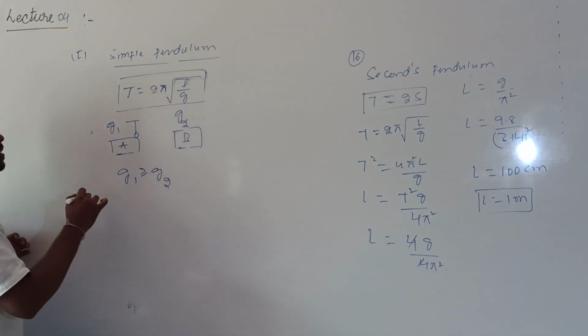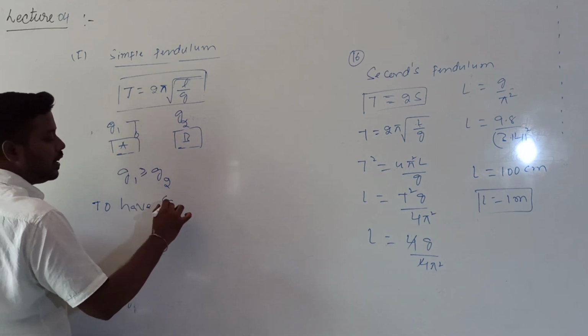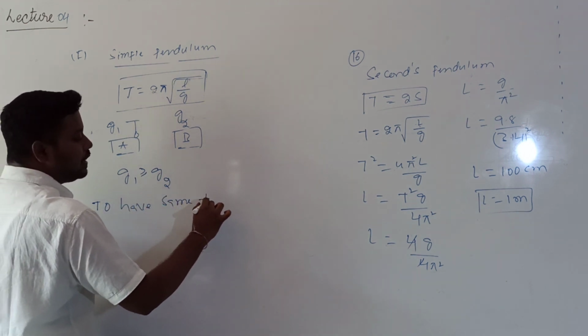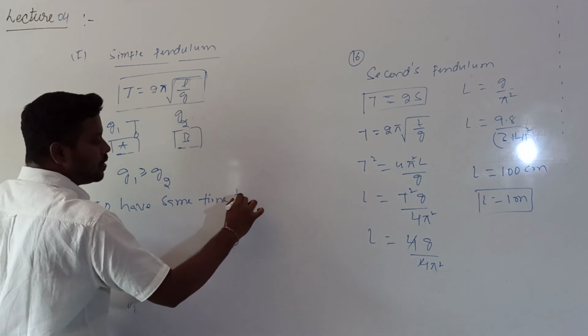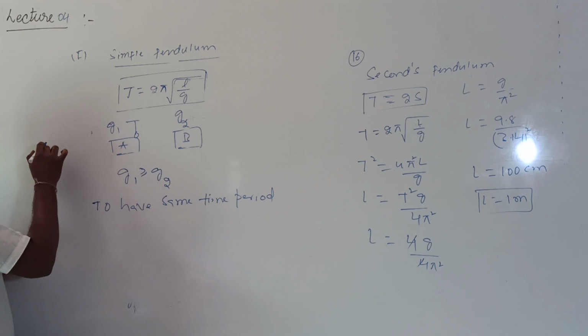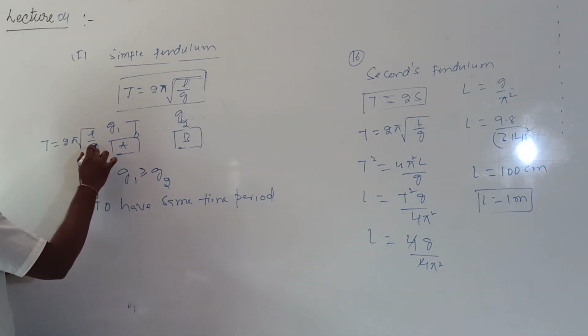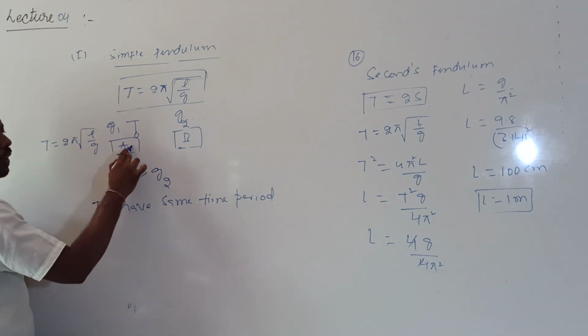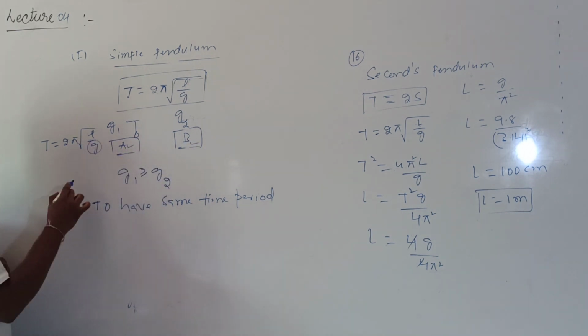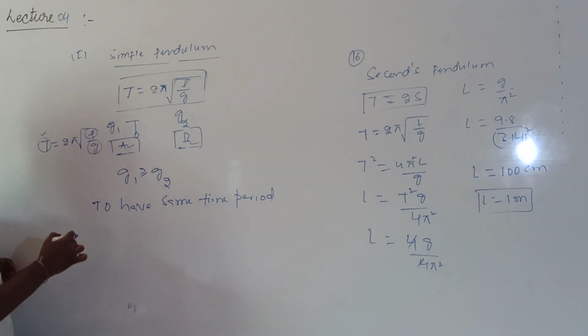In order to have the same time period, you should alter the length. What is the time period formula? 2 pi into root over L divided by g. Since when you go from A to B, g decreases, obviously T increases. To maintain T the same without increase, you should decrease the L value.